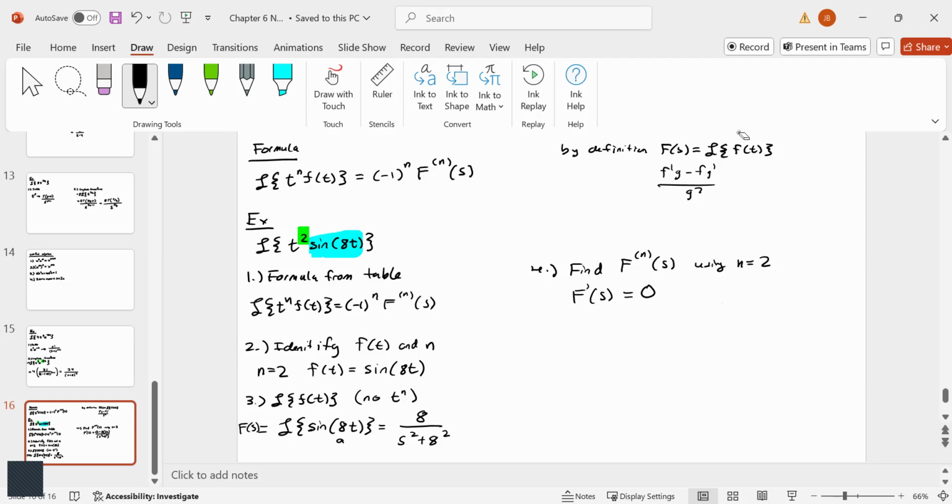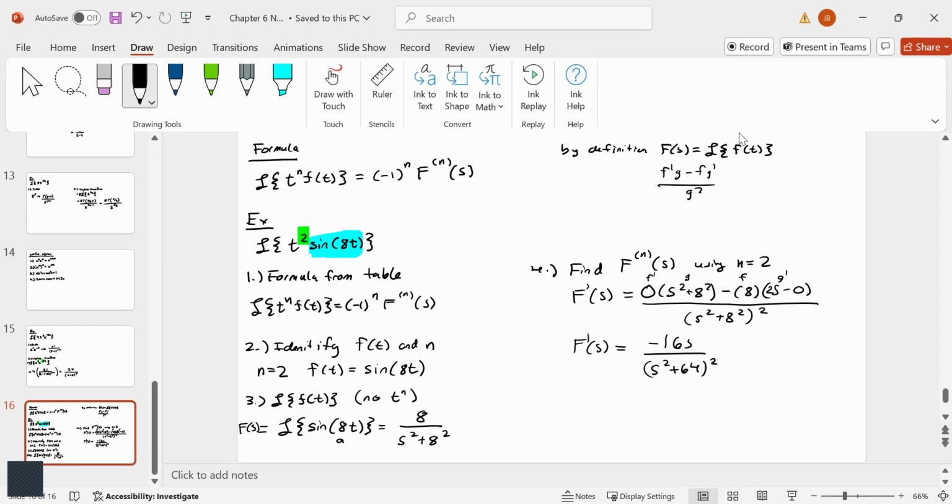Actually, just so that I don't lose people in that step: f prime g minus f g prime, like that, all over s squared plus 8 squared. You can write 64 if you want. So that's our first derivative, and so we get negative 16s over s squared plus 64 squared.